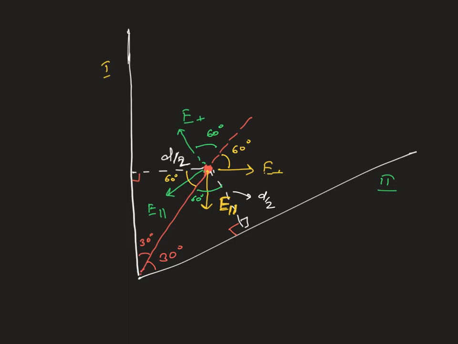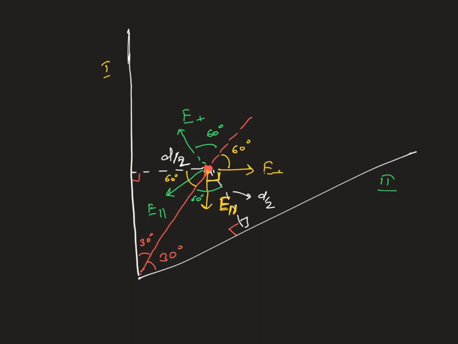Now, what is the angle between E perpendicular and E parallel? The angle between E perpendicular and E parallel, please take into account this point here. The angle between E perpendicular and E parallel is how much? 90 degrees. And this is 60 degrees here. So 60 degrees, 90 degrees.